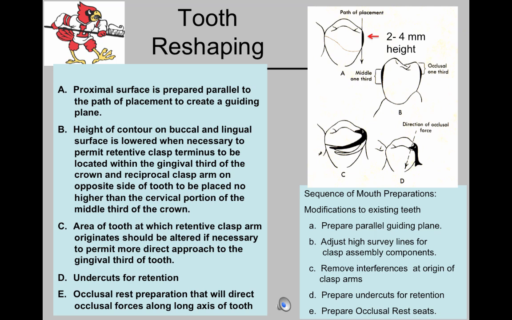Next, the area of the tooth at which the retentive clasp arm originates should be altered if necessary to permit a more direct approach to the gingival third of the tooth. Fourth, undercuts for retention can be placed on one of the buccal or lingual surfaces of the teeth. And lastly, the occlusal rest itself will be prepared on the tooth to direct forces down the long axis of the tooth.